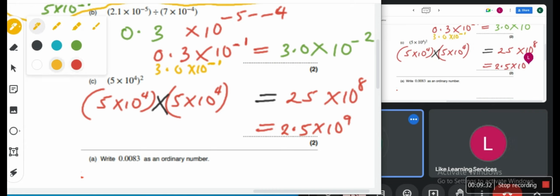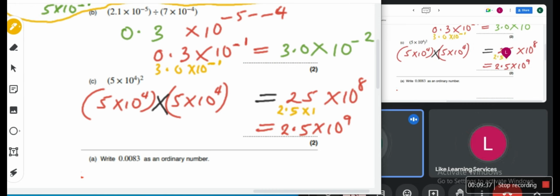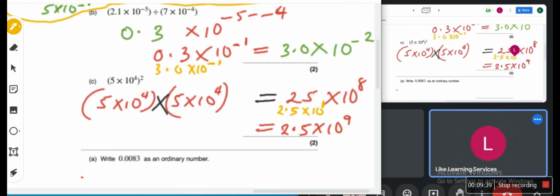Correct, because this one is already 2.5 times 10 raised to power 1. And then you add to 8. So you get 9. Alright.